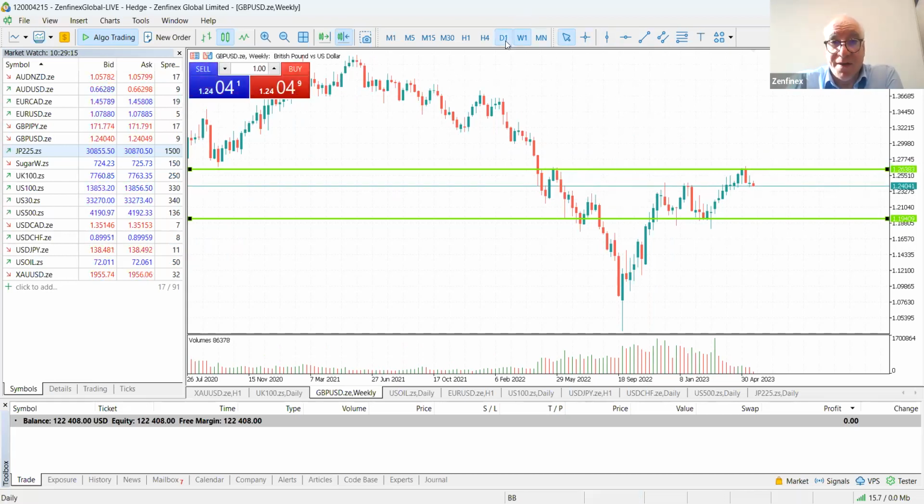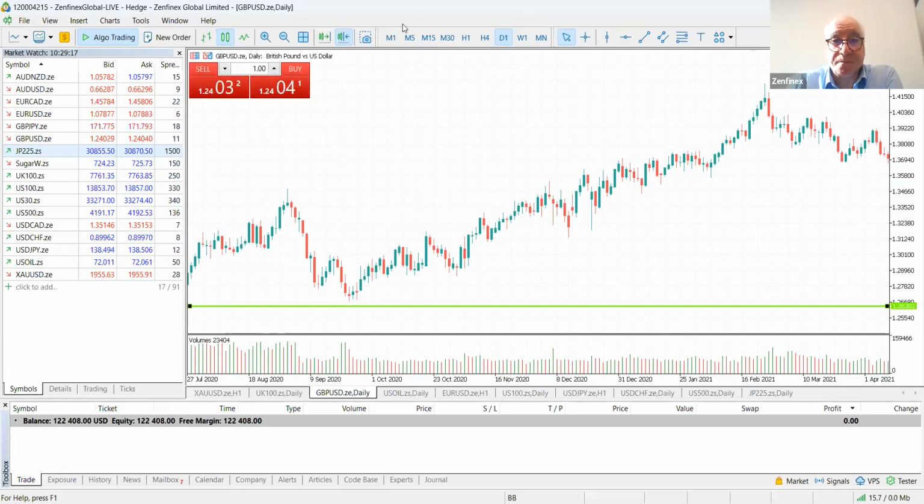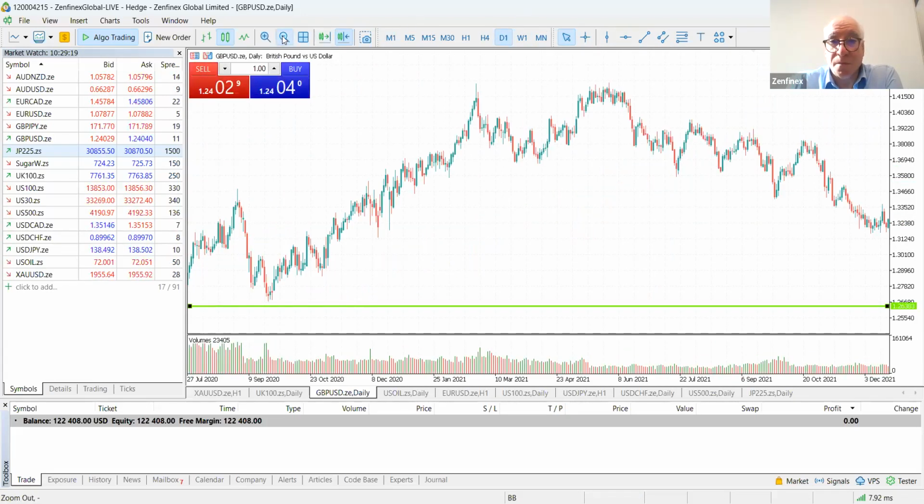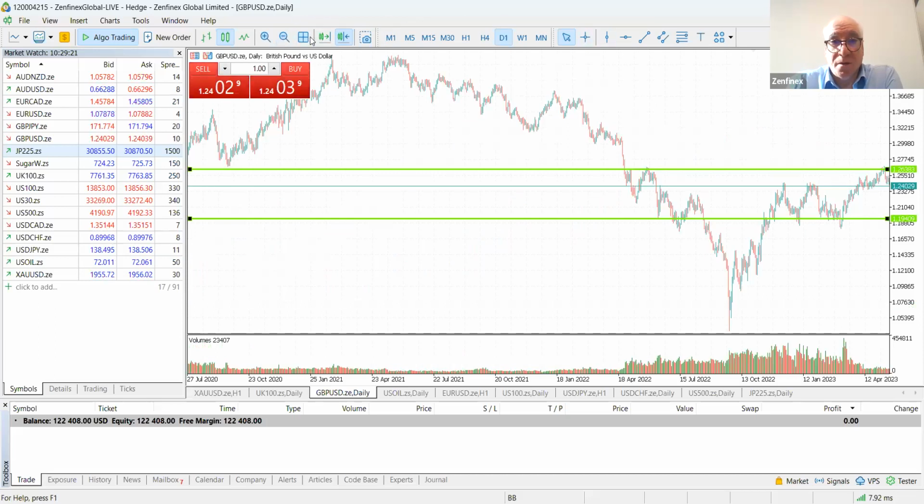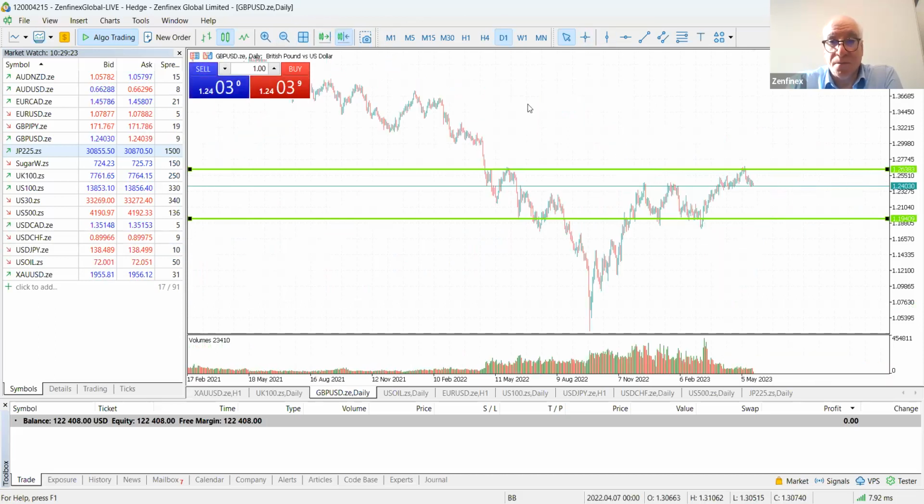If I now go to the daily perspective, we can see here that I could probably find another level. So let's just see what we've put on there. Broke through resistance, resistance, resistance, resistance, support, support, support.